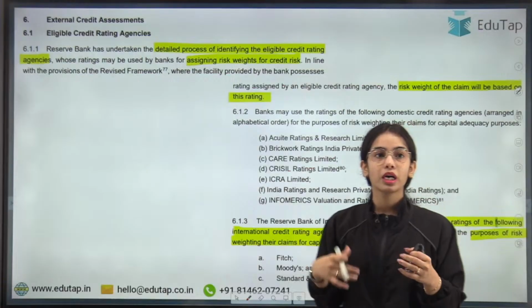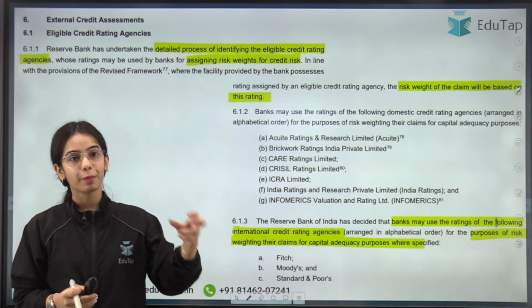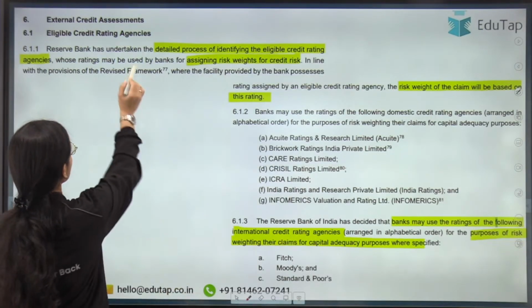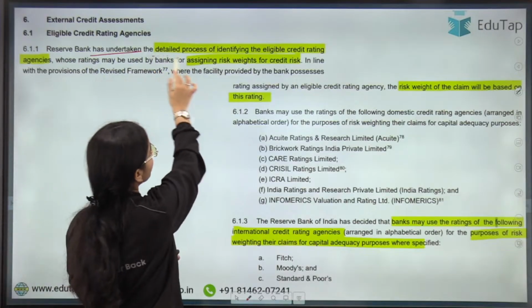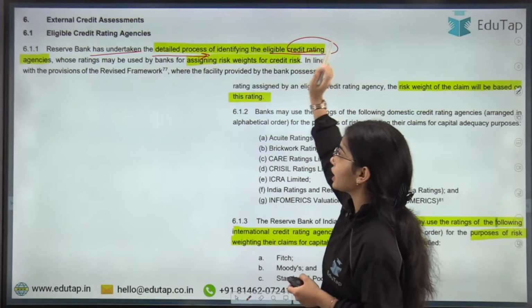Okay, now the external credit assessment. Which are the other institutions that have been approved by the Reserve Bank of India previously? Remember that the Reserve Bank has undertaken the detailed process of identifying the eligible credit rating agencies.